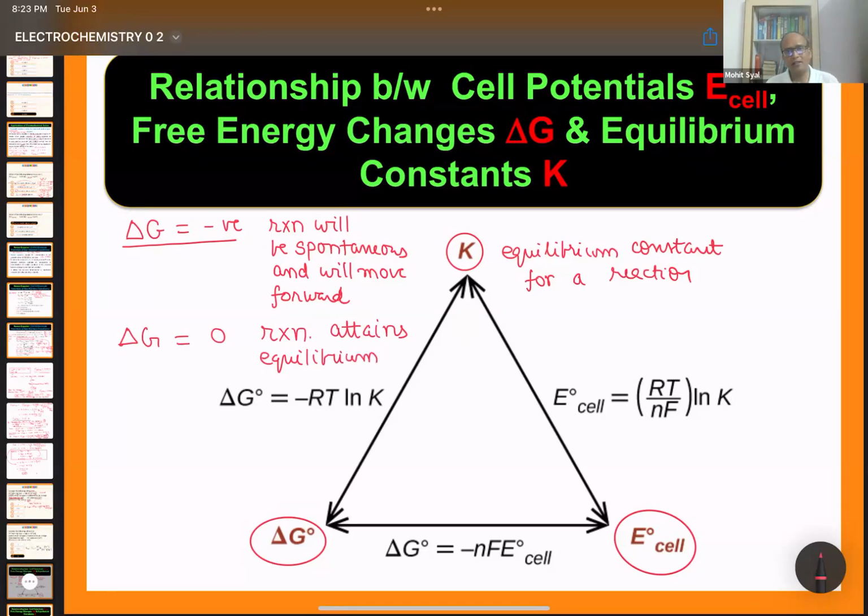It will not have a tendency to move in the forward direction. The reaction stops, EMF is 0.